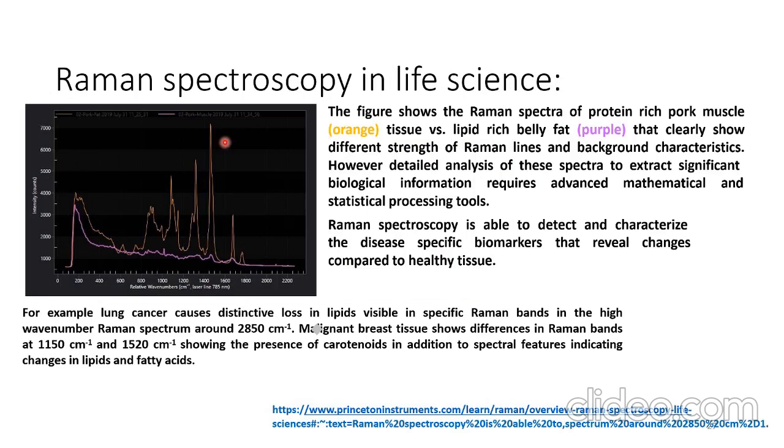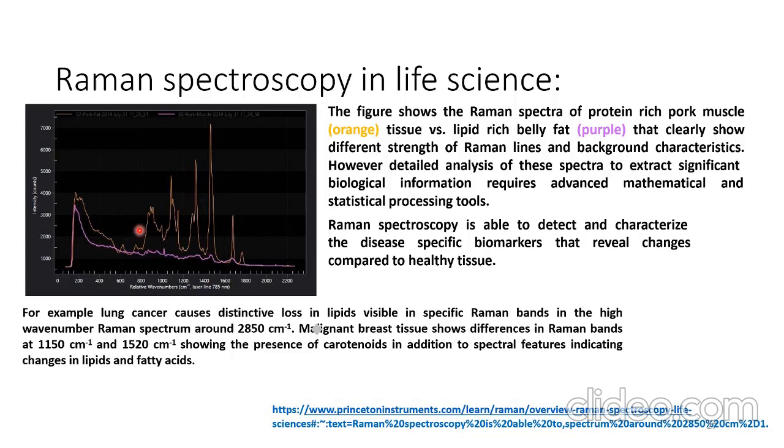Here we have two different kinds of material: one is protein-rich pork muscle tissue, and the other is lipid-rich belly fat. Those can be seen here clearly, and the peaks can be seen very well.